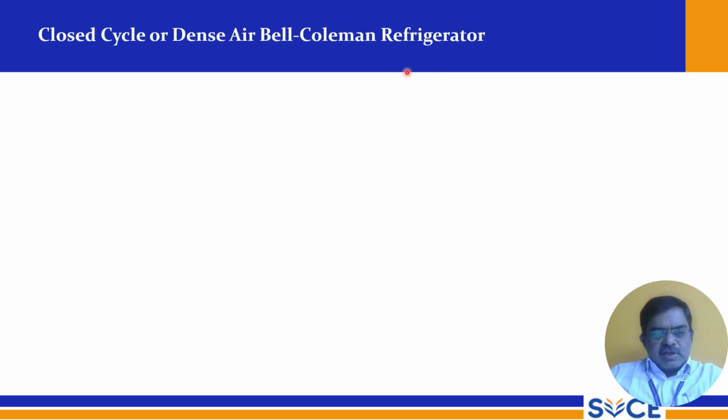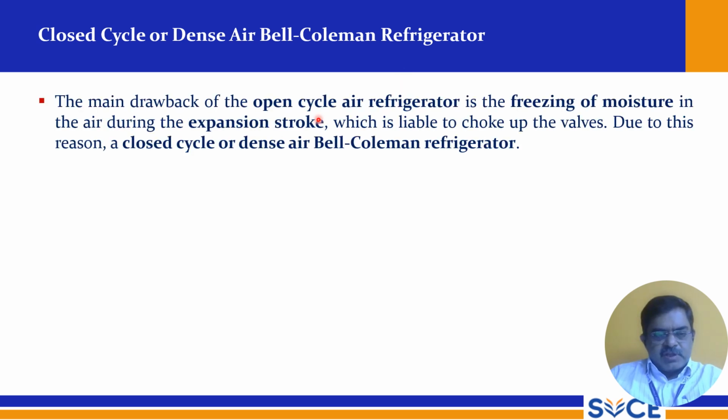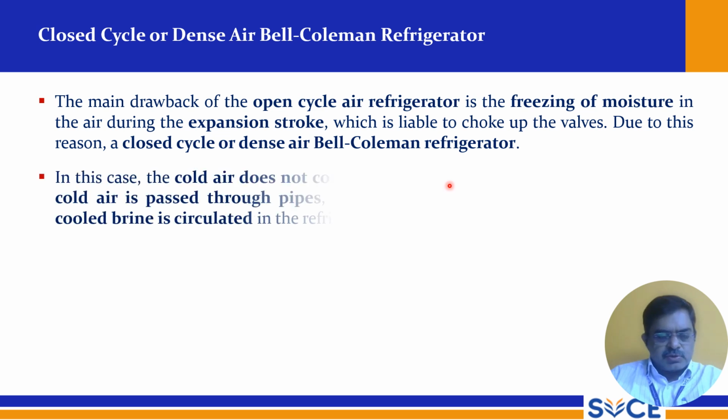Now the closed cycle or dense air Bell-Coleman refrigerator. The main drawback of the open cycle air refrigerator is the freezing of moisture in the air during the expansion stroke, which is liable to choke up the valves. Due to this reason, a closed cycle or dense air Bell-Coleman refrigerator is used.